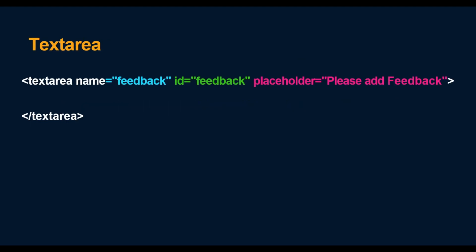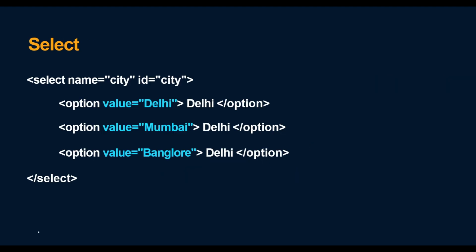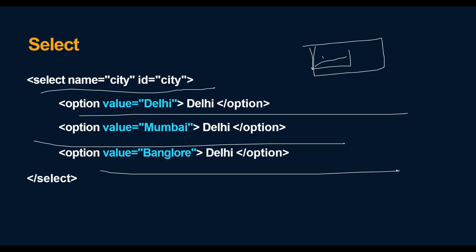Next, the text area. Suppose I want to create a text box where you can pass your feedback and write whatever you want, and submit it. And the select option: suppose you want to choose which class you belong to. After selection, a variety of options will be available, and when you click an option, the value will be converted into your option.